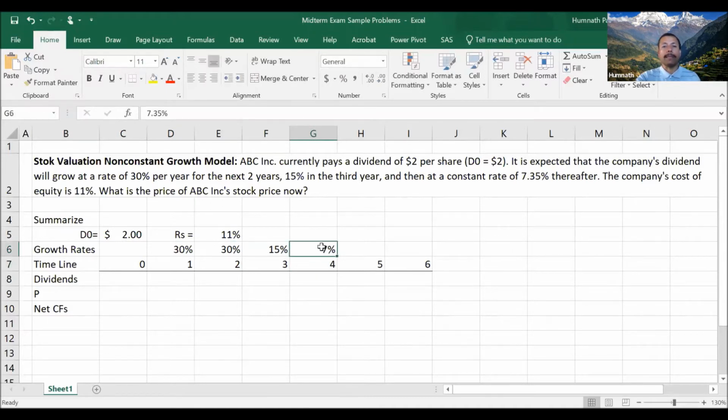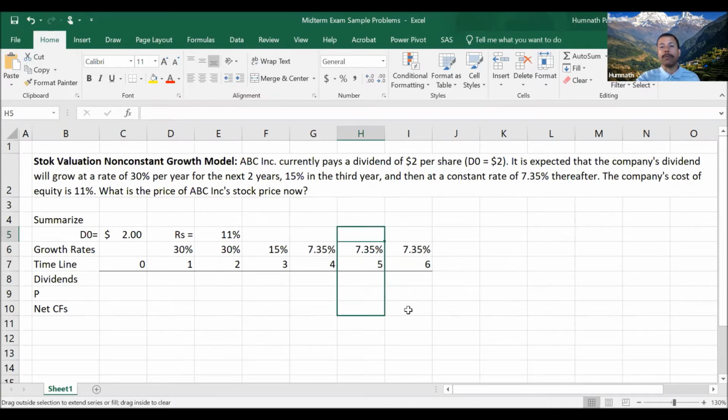So this is the 4th year. After the 3rd year, the dividend grows at the same constant rate. You could keep going for so many years, but you don't have to, because the dividend is constant from year 4.